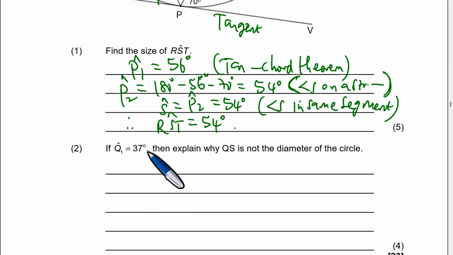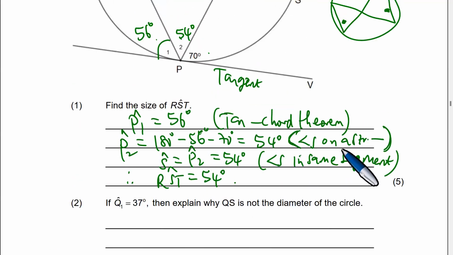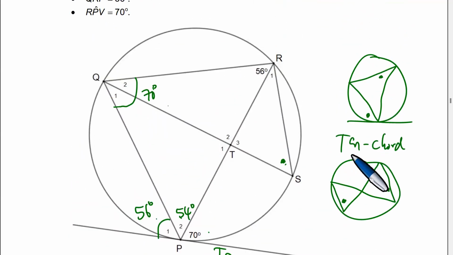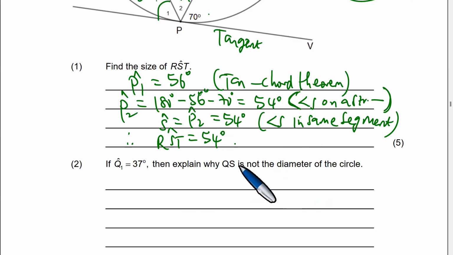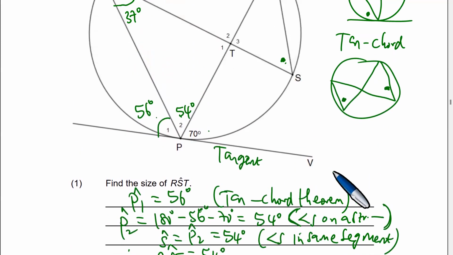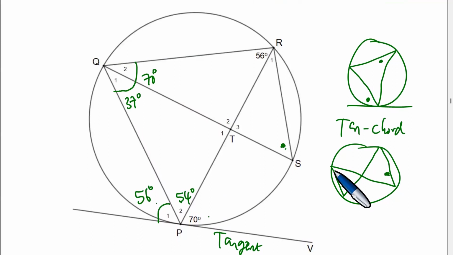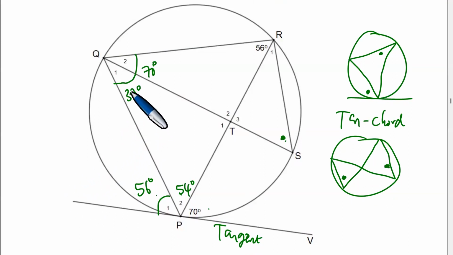Q1 is 37 degrees, and you need to explain why QS is not a diameter.